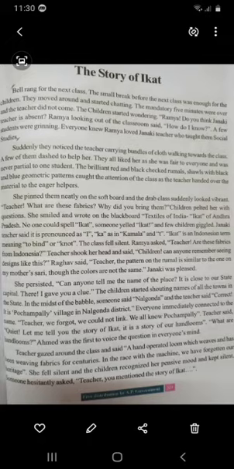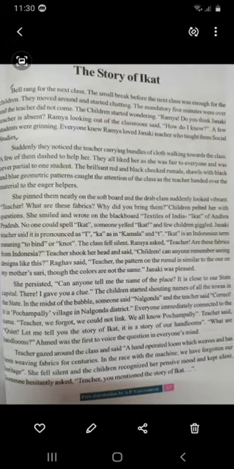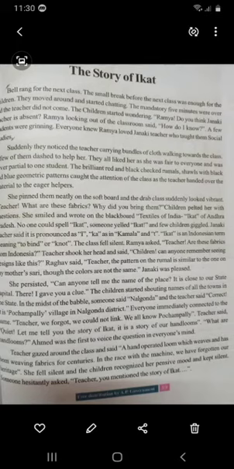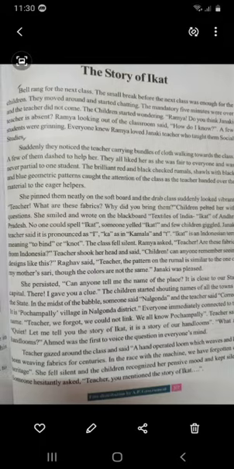The class fell silent. Everyone was very attentive. All the children fell silent and listened carefully to the teacher. Ramya, a student, asked, "Teacher, are these fabrics from Indonesia?"